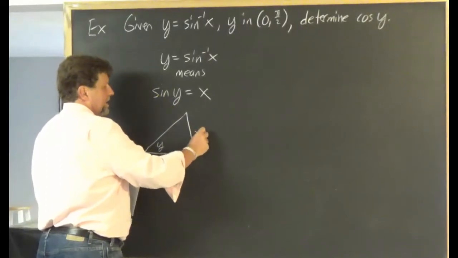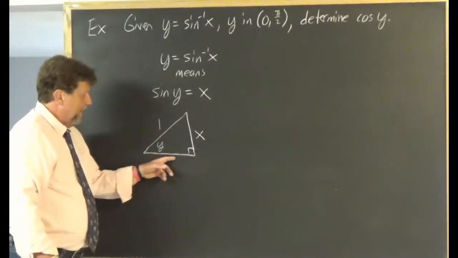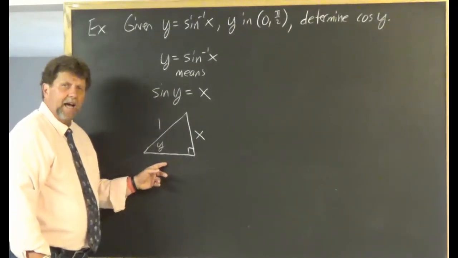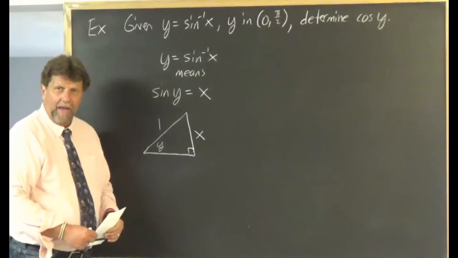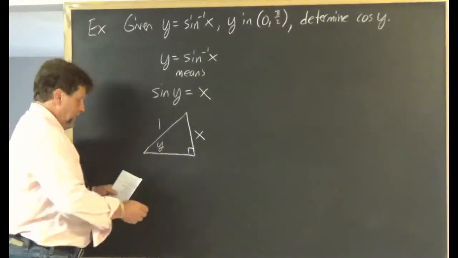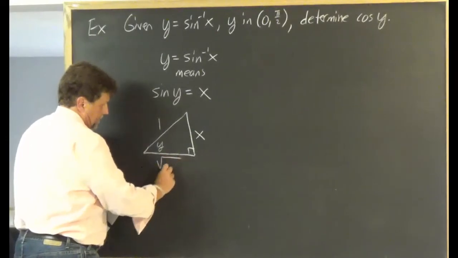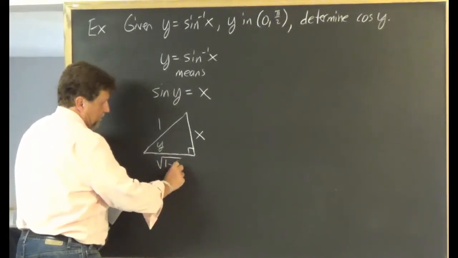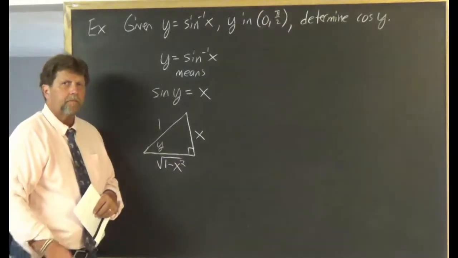So opposite over hypotenuse. Then we can find the length of the missing side in the right triangle by using the Pythagorean theorem. And if we do that, we get the missing side is the square root of 1 minus x squared.